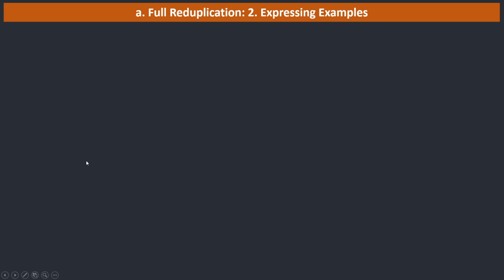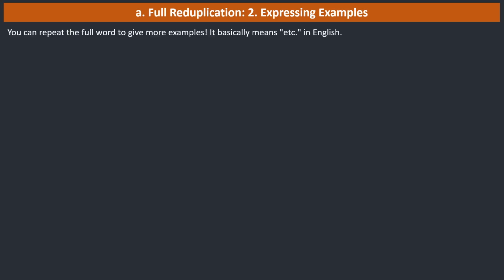Expressing examples. Okay, now that one is fun. So this time we will again repeat the word, but we will have a change on it. We will change some part of it. And that one is really fun to make examples for. And the meaning becomes etc. That's what I mean.